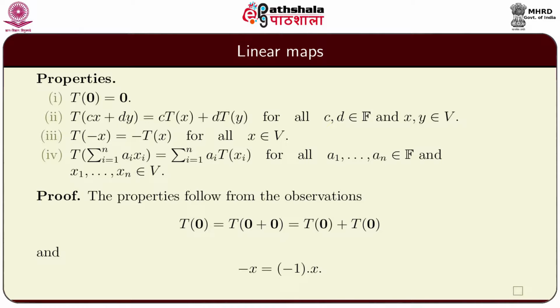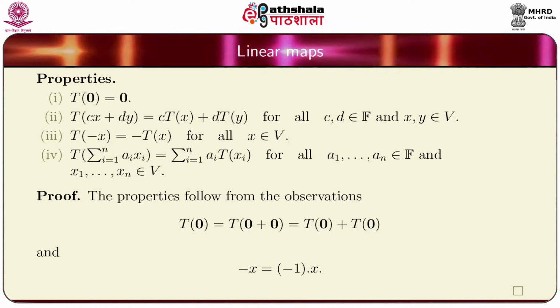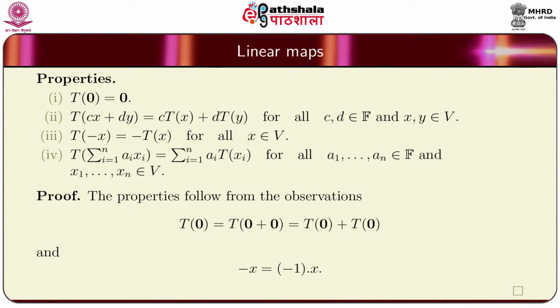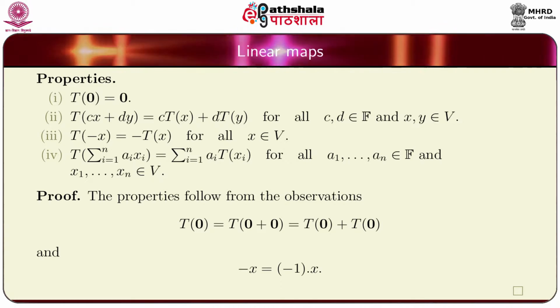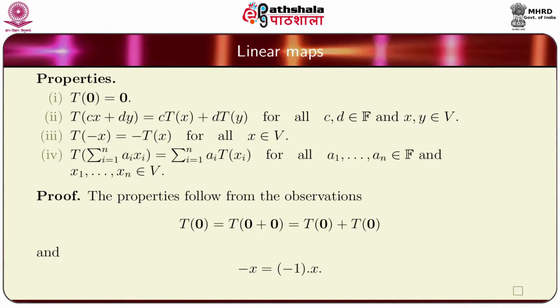Here -1 denotes the scalar, and therefore T(-x) would be T(-1 times x), and now if we apply homogeneity of T, then it is -1 times Tx and therefore -Tx.